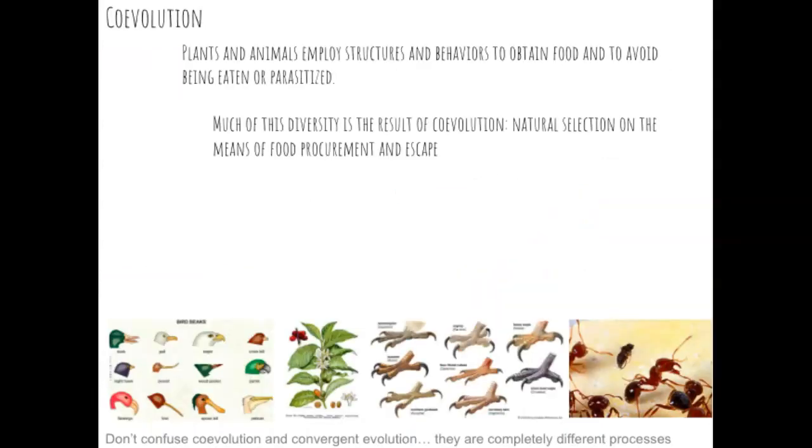So coevolution doesn't only occur when we're talking about predators and prey. It can also occur when we're talking about something like an herbivore. So different birds have beaks that are shaped appropriately for the type of food that they eat.